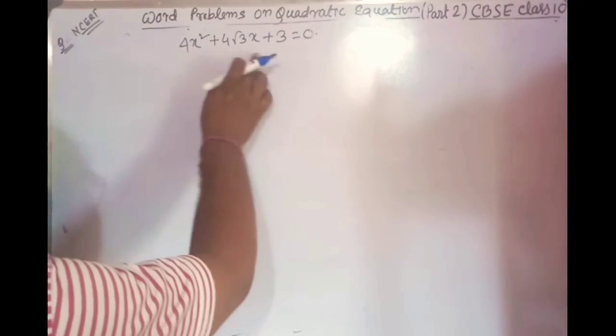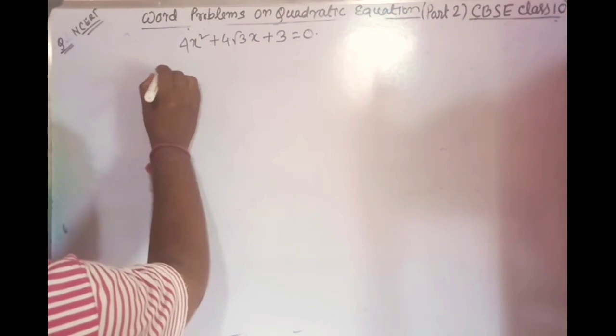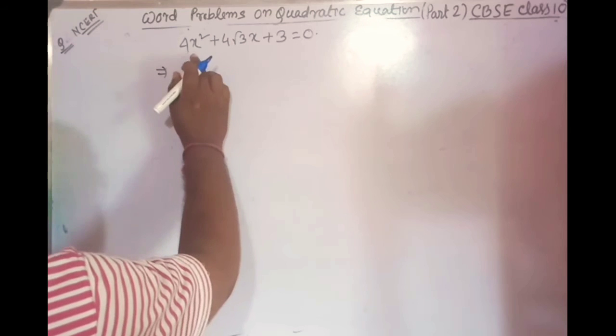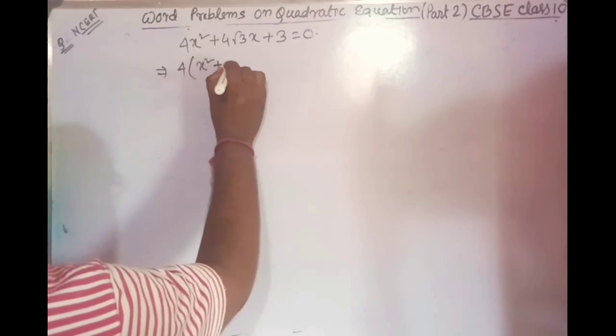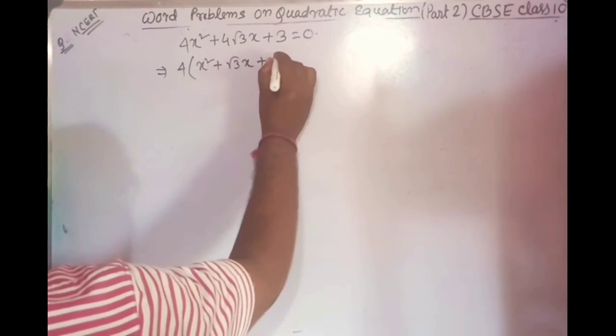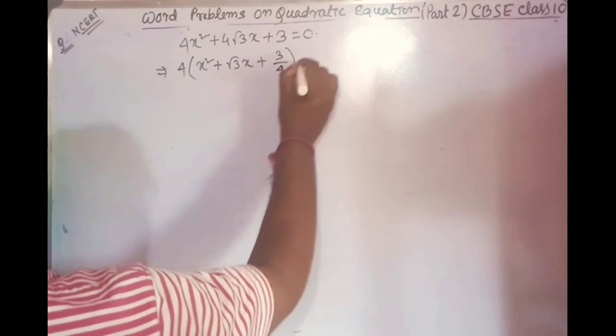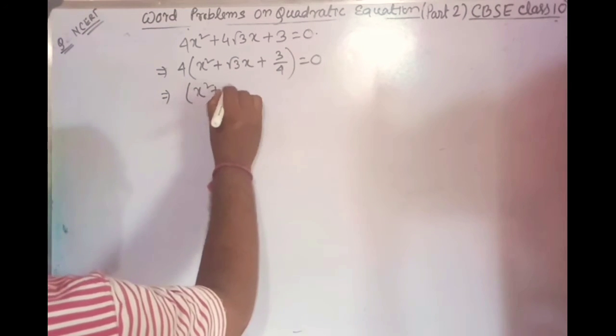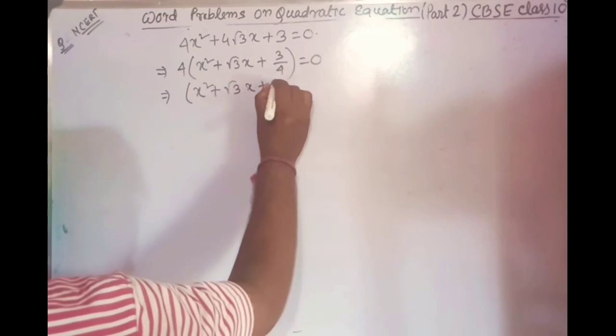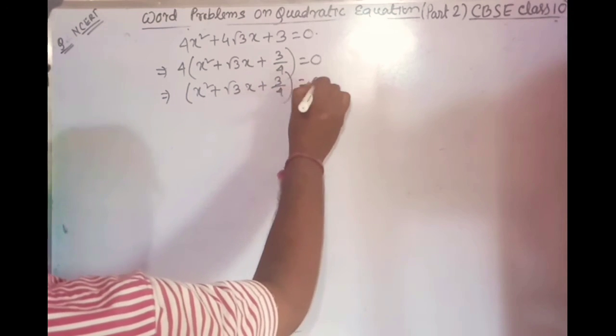So for completing the square, first we take 4 common. We get x square plus root 3x plus 3 by 4 equals 0.